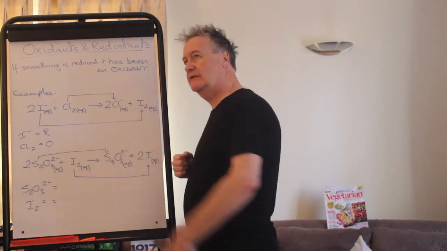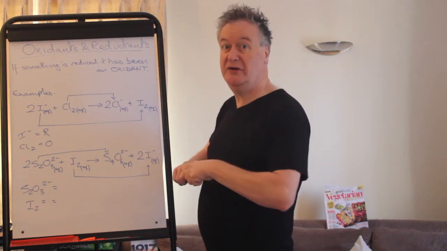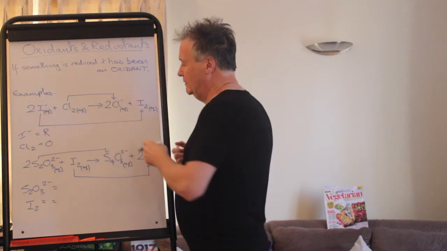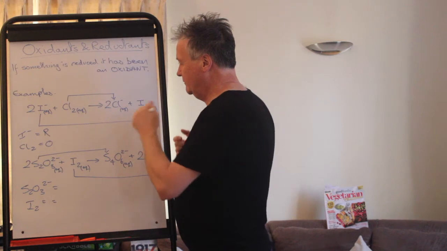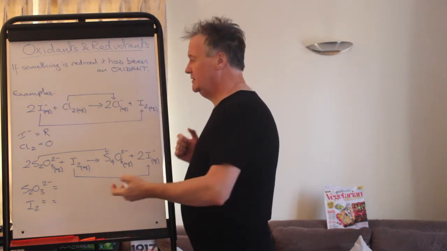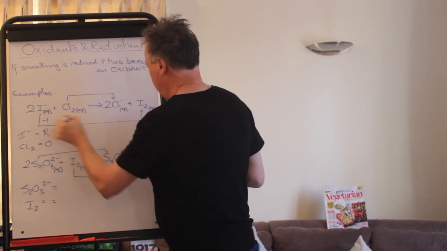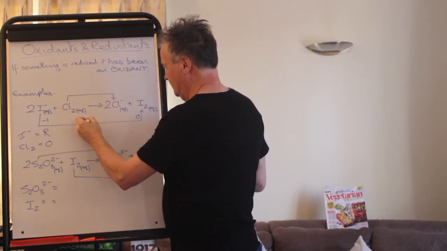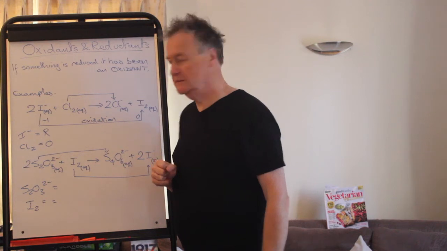Here's a very common reaction, even from probably year 9 for most people. So chlorine displacing iodide ions out of solution, displacement reaction. Look at the oxidation numbers. Here iodine is -1, here iodine is 0. So that is oxidation.